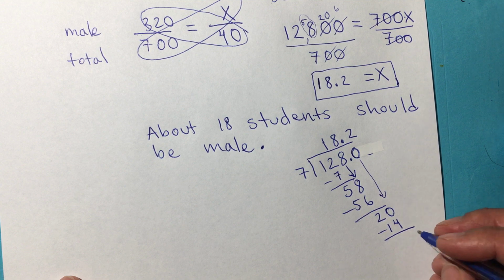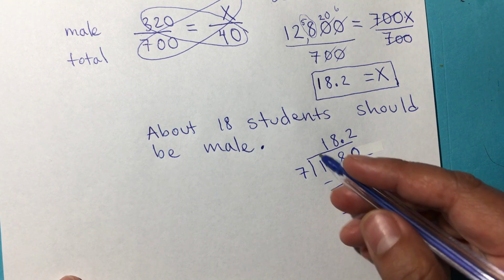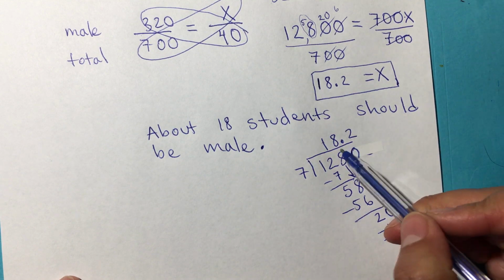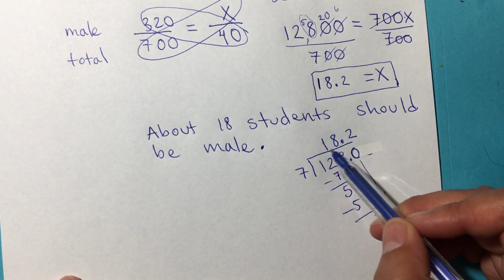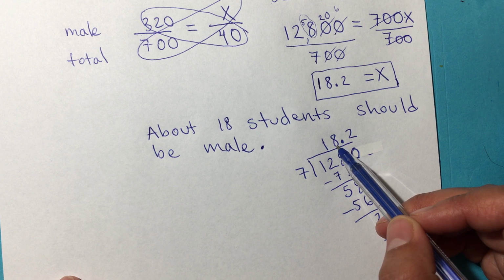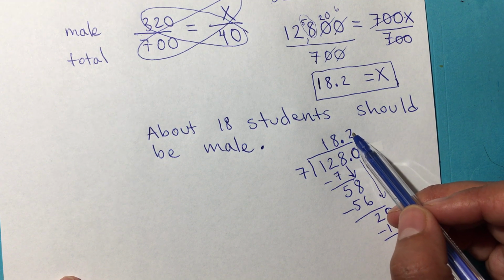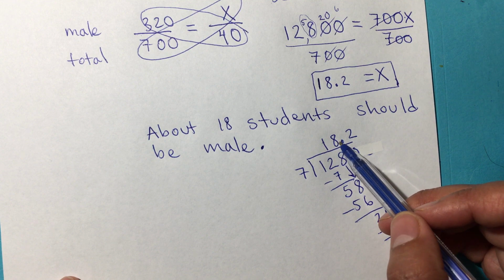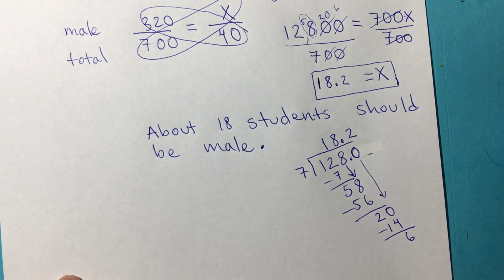And 20 minus 14 is 6. And you can keep going, but since it's people, we're going to need the whole number. If this was a 5 or more, then it should go up to 19 students. If it's 4, 3, 2, 1, or 0, then it stays as 18. So that's why about 18 students should be male.